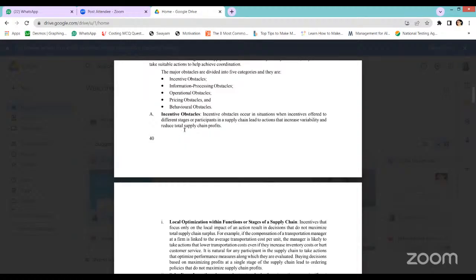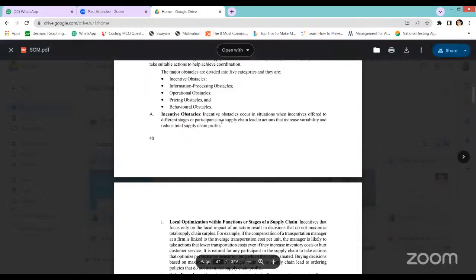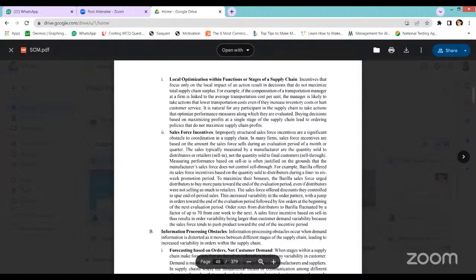Coordination is lost when incentives offered to different stages or participants in the supply chain increase variability and reduce total profits. The participants involved in the supply chain are the supplier, manufacturer, wholesaler, retailer, and customer.